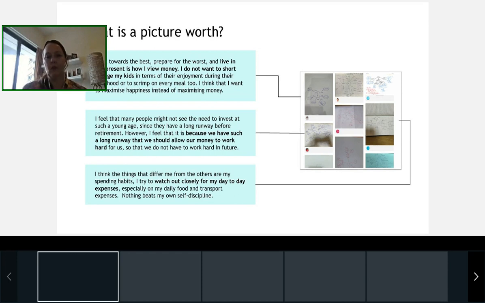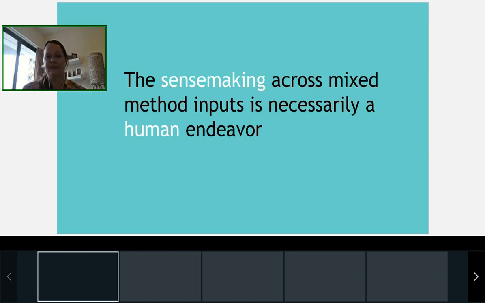So essentially, what we've realised, another principle, is that this sense making, when we have these mixed method inputs, is up to us. It is a human endeavour. We have experimented with some quite advanced text analysis tools. We have played around with different platforms, and we've just found that whilst it does get you a little bit of the way there, it doesn't get you all of the way there, because essentially our role is as storytellers.